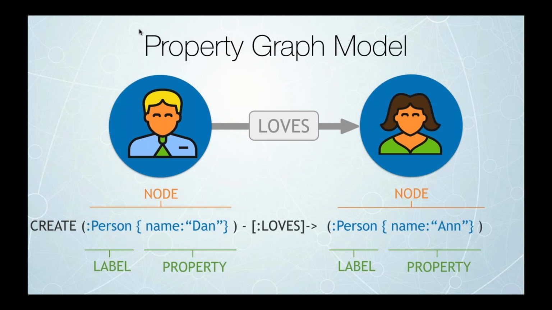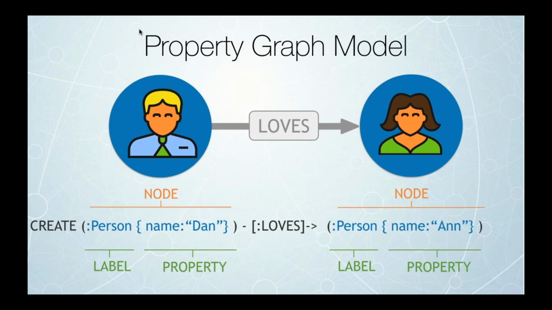This is sort of the type of node, it's person. And another node that is a person labeled node. And we're going to assign name properties to each of them. So on the left, we have a person labeled node with a name of Dan, and on the right, a person labeled node with a name of Anne.